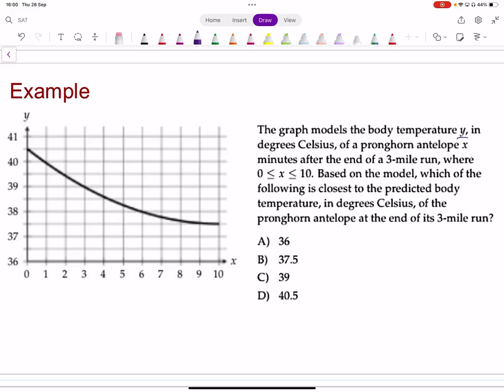What does Y represent? It represents the body temperature X minutes after the end of a 3-mile run. What's the predicted body temperature at the end of the 3-mile run?